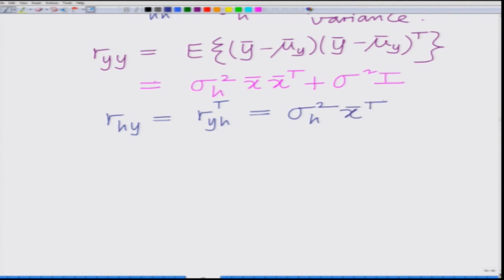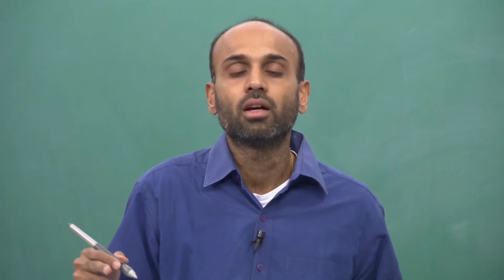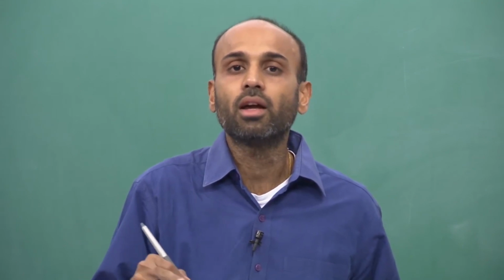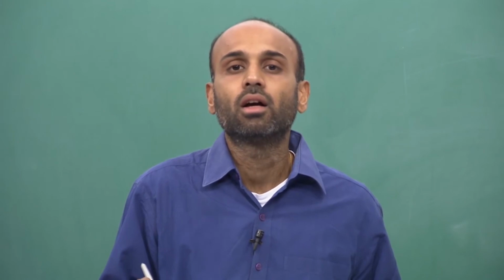So, this will be sigma H square x bar transpose. Okay. So, these are four different quantities, RHH, RYY, RHY and RYH, and RHY and RYH are the transposes of each other. Okay.